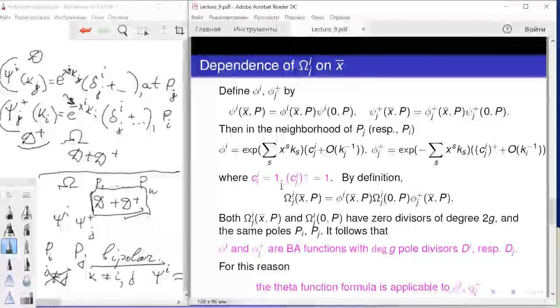So we can represent our differential omega ij in this form: phi i, omega ij from 0, psi cross j.